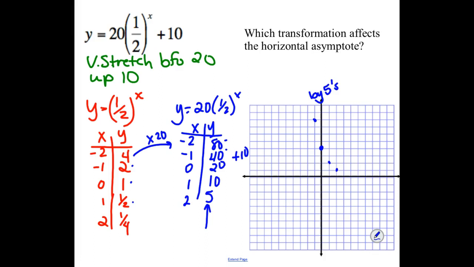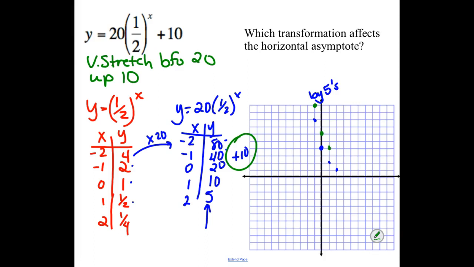This one would level off where? If I just connected the dots I've already graphed, it's leveling off at 0, yes? But we said we have to shift everything up 10. So when we go to move our points and move up 10, we're going to be here, here, going by 5s.